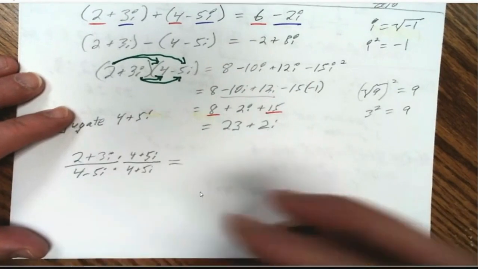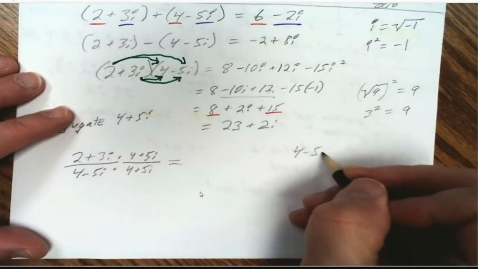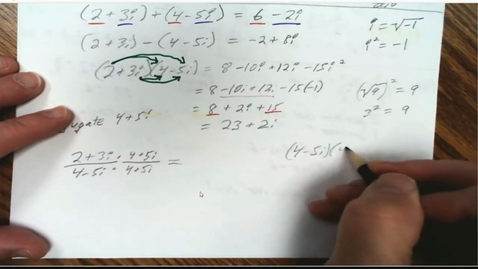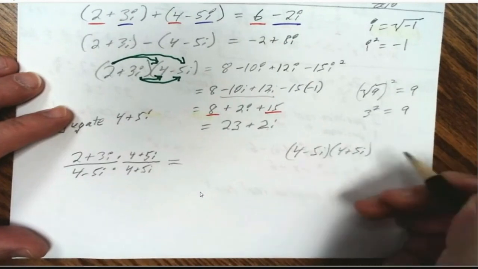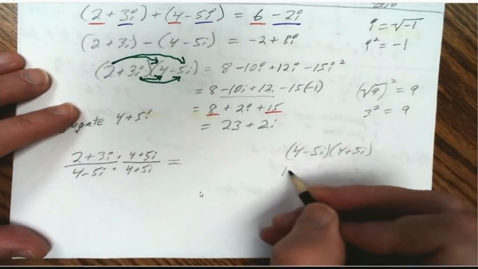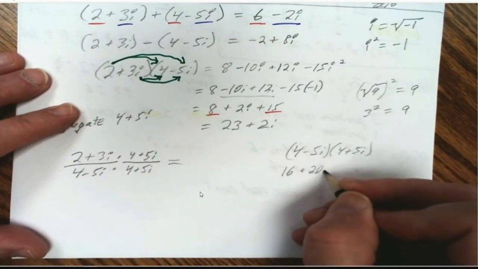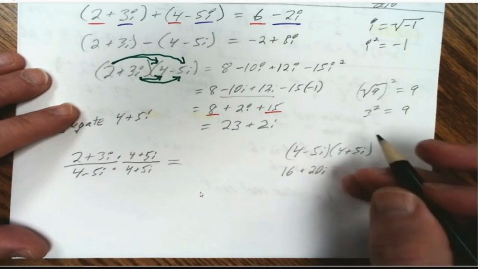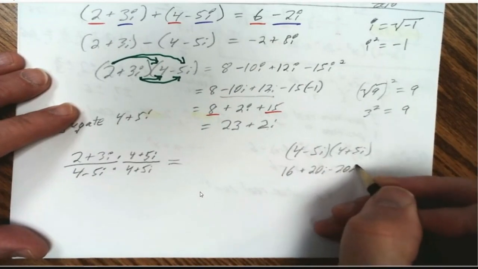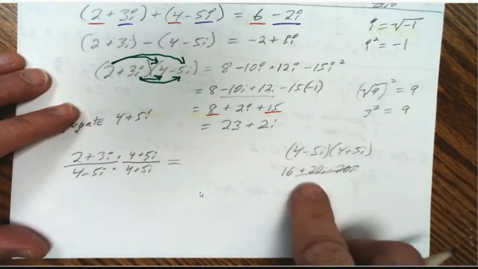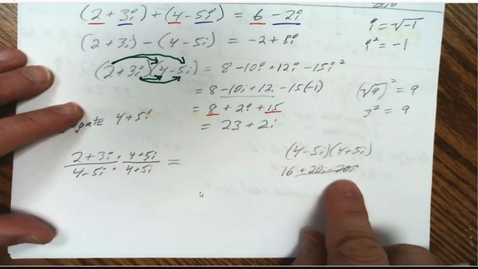So what does that equal? 4 minus 5i times 4 plus 5i. 4 times 4 is 16. 4 times 5i is 20i. Negative 5i times 4 is negative 20i. Notice those just canceled each other out. We've got a positive 20i and negative 20i.